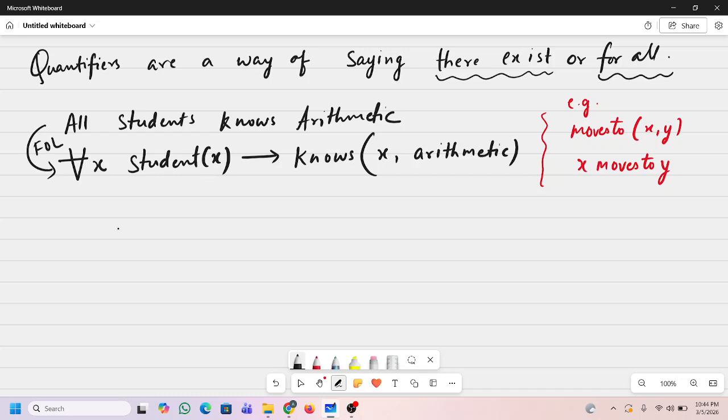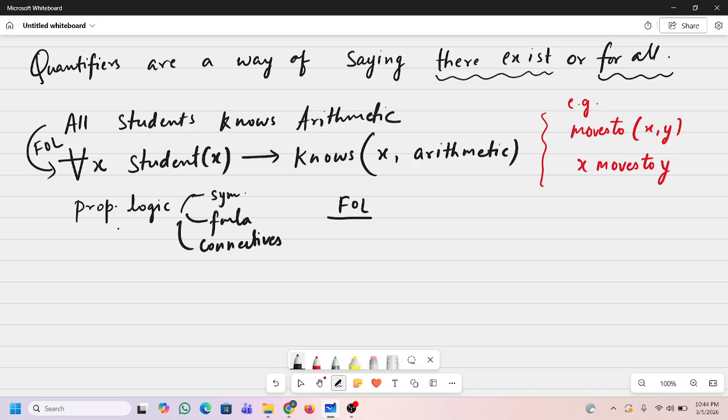Right, now there are some terms in first order logic. Like we saw in propositional logic, there were symbols, connectives, formulas, etc. On the same lines, in first order logic we are going to define some things.